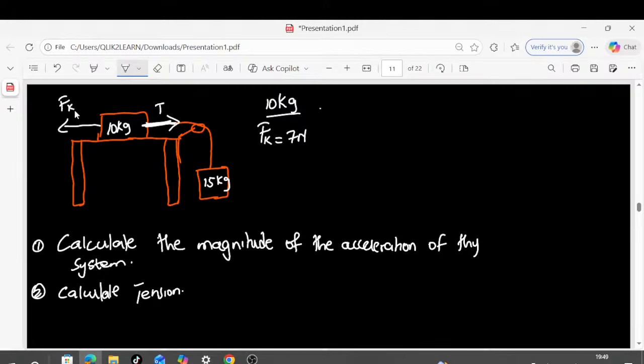So this will be my Fk, the kinetic friction. When I draw a free body diagram for the 10 kg block, we have the tensional force in that direction, and then we have our Fk.